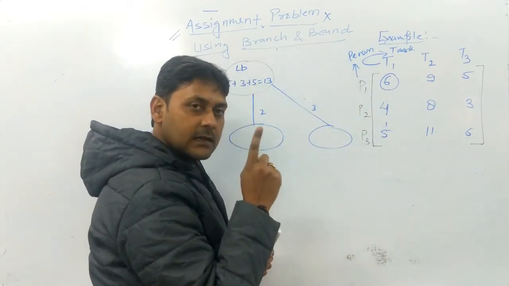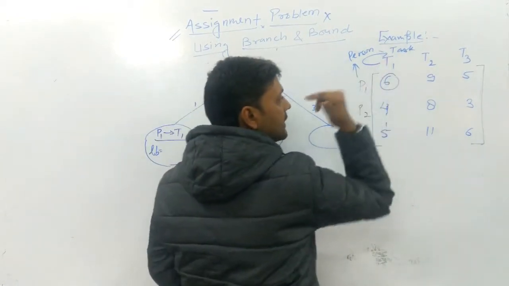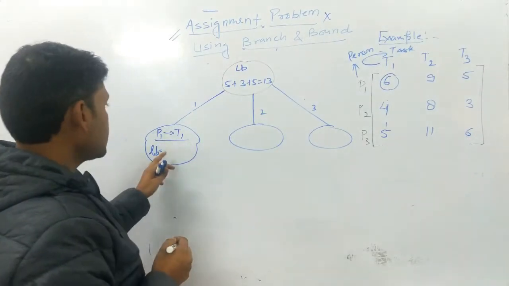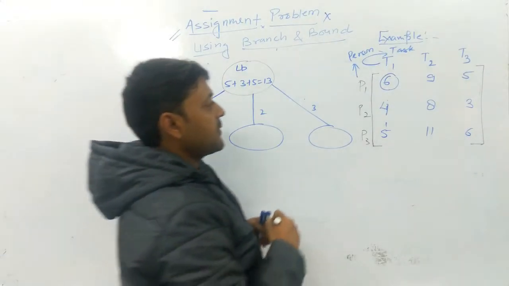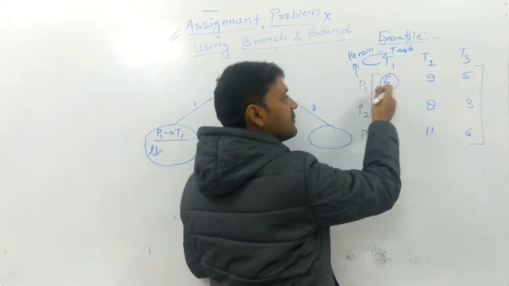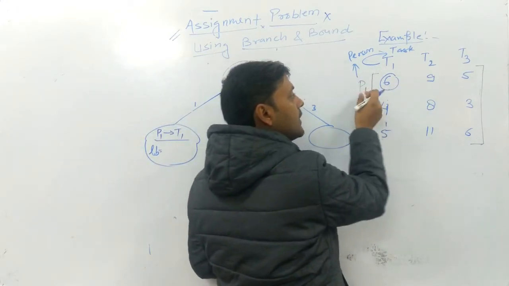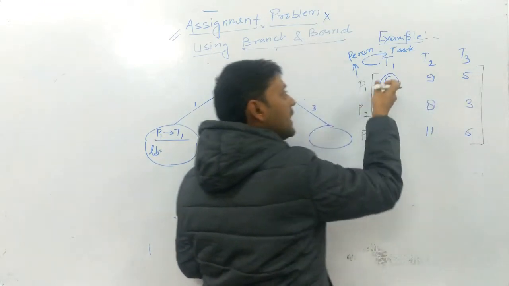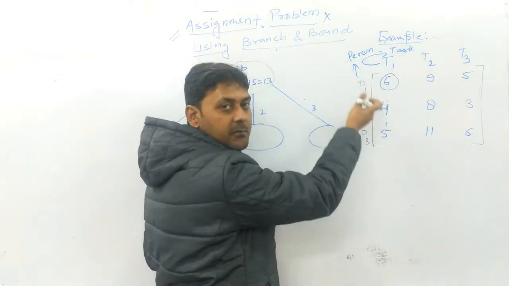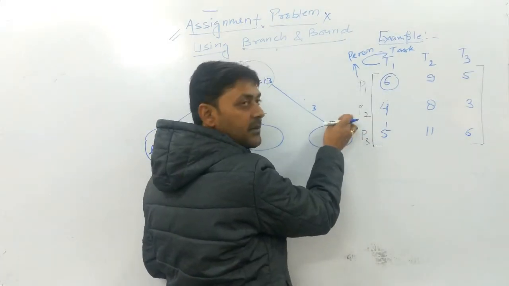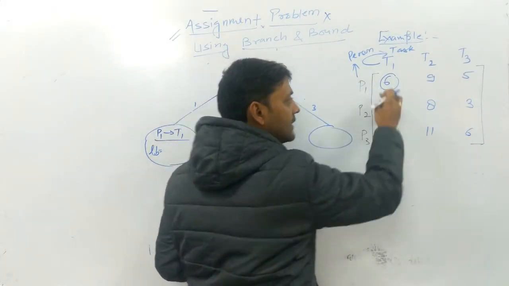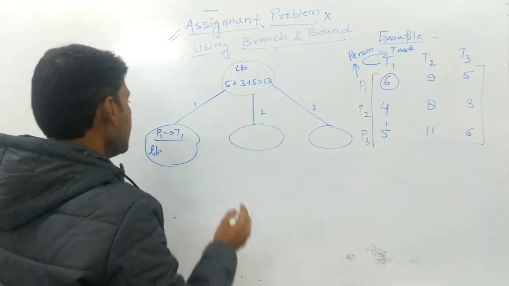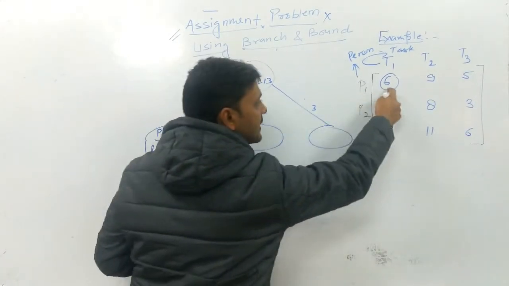That means person 1 performs task T1, so no other task is performed by P1, and T1 is not performed by any other person. So this row and this column are blocked. We write here that P1 is fixed as T1.